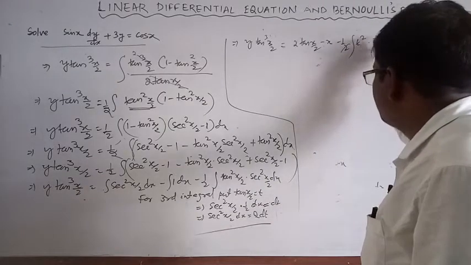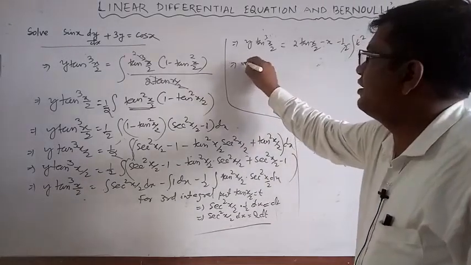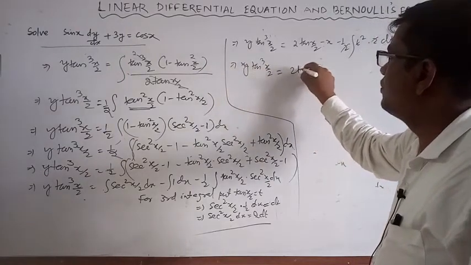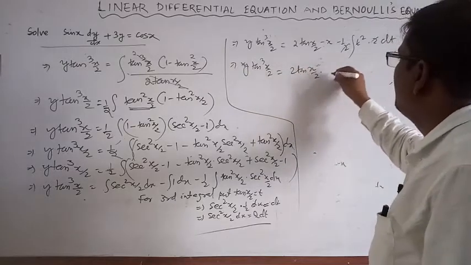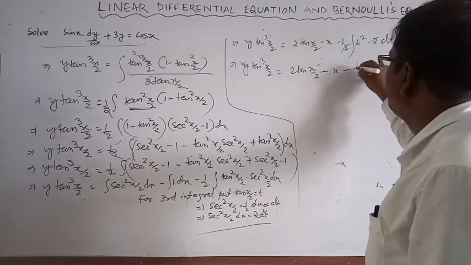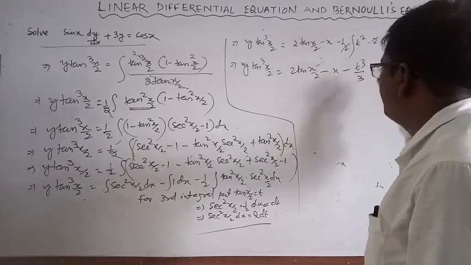So 2 cancels here, that is 2 tan x by 2 minus x, and minus t cube by 3 plus c.